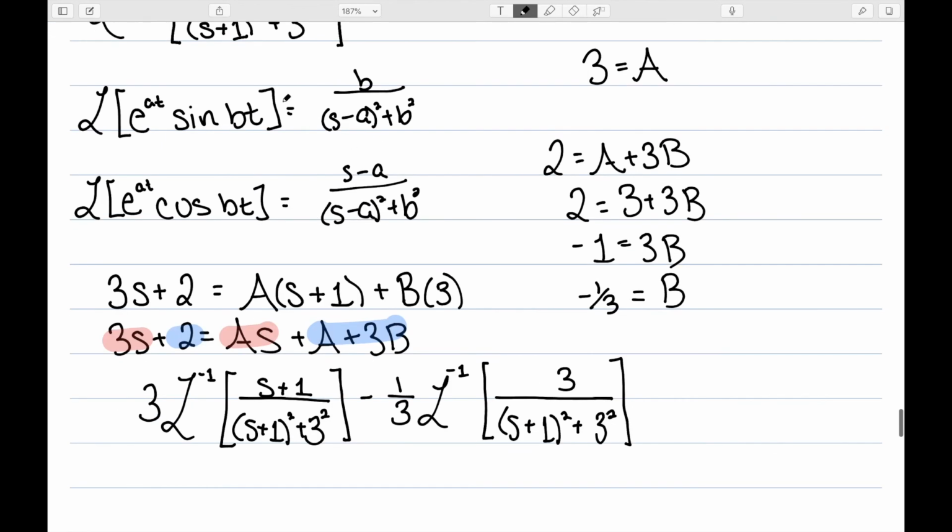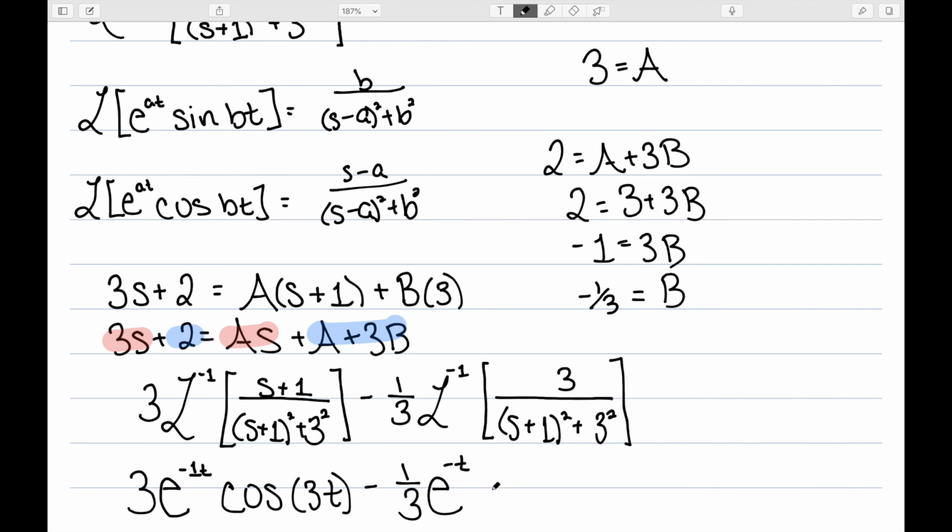Now we can use these two rules right here. This first one is of this form. We would have e to the a, which is -1t, times cosine bt, so cosine 3t. That needs to be multiplied by 3. Then -1/3 times the one of this form, e to the at, so e to the -1t, times sine of 3t. So I now have my solution.